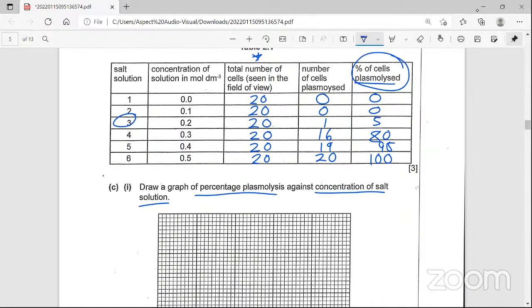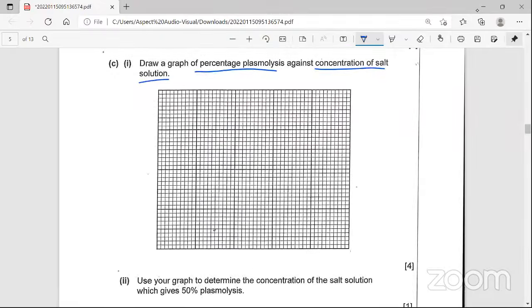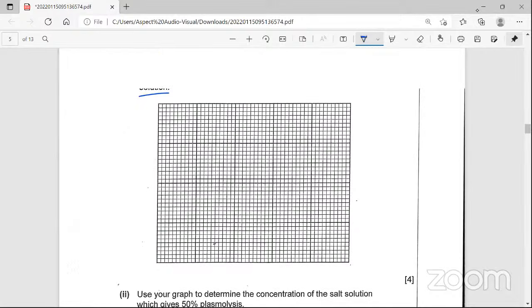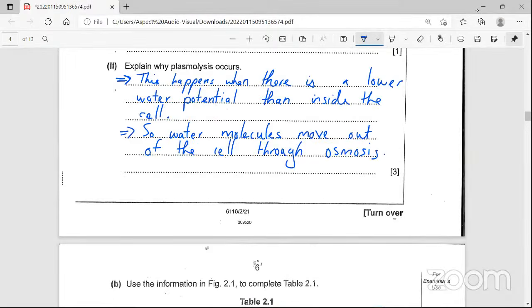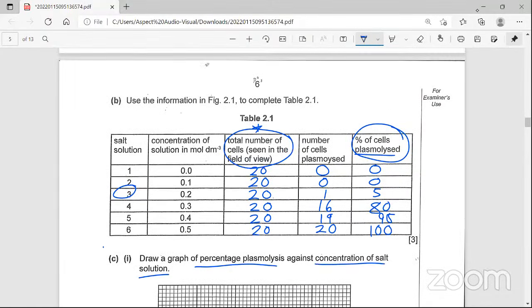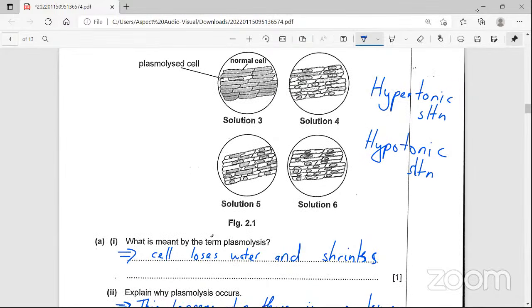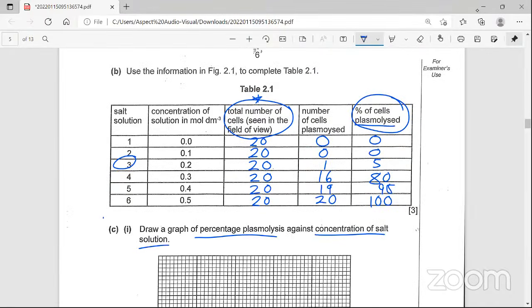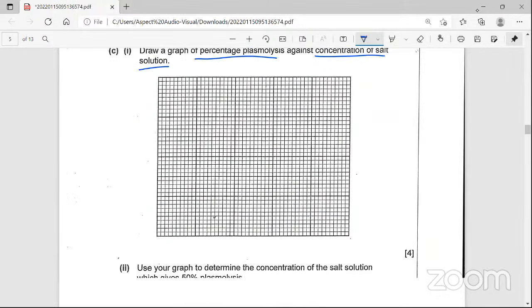And then everything else is fine. Why is it 20? They say the total number of cells seen in the field of view. You just look at the cells, you can see this one is a cell. It's just plasmolized. If they had asked for the ones that were not plasmolized, then you put your 19 or your 0.